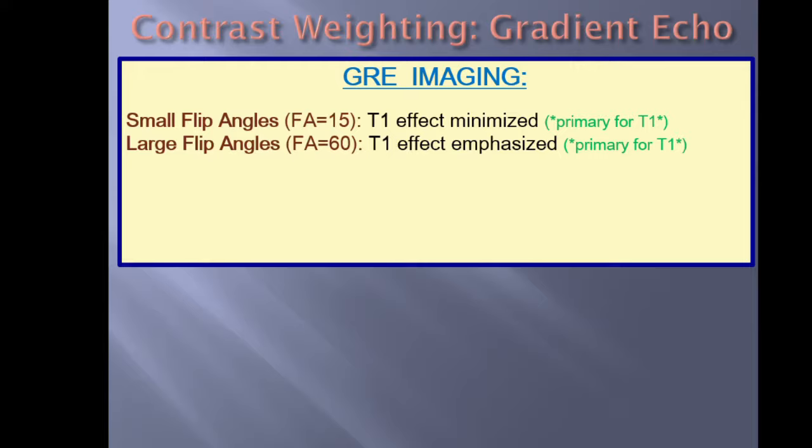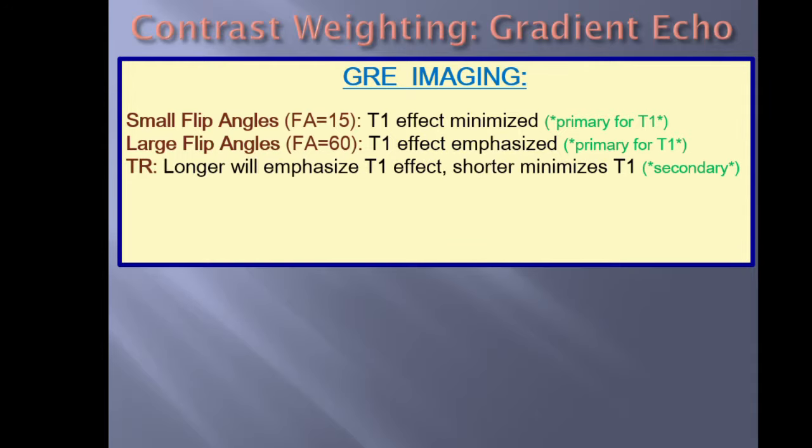If you're using a flip angle of, say, 60 degrees, you're taking more than half of the magnetization out of the longitudinal plane with every RF pulse. Those are big chunks, big bites you're taking out of it. Big, large amounts of water you're taking out of the toilet tank for it to refill before the next TR, which you recall are much shorter in gradient echo imaging. So a large flip angle is going to be our primary thing that T1 weights gradient echo images.